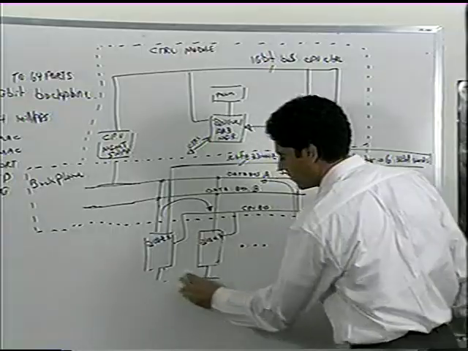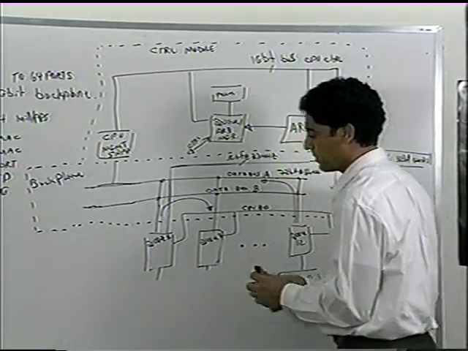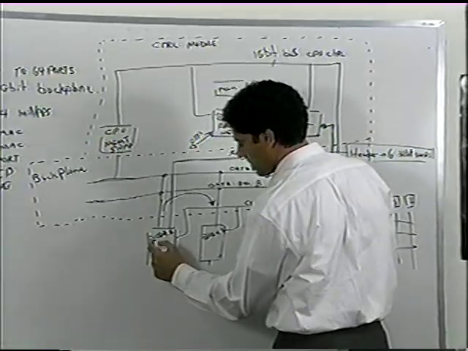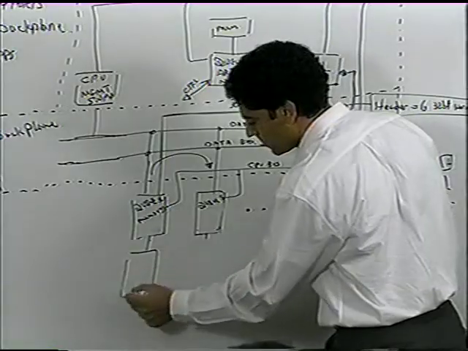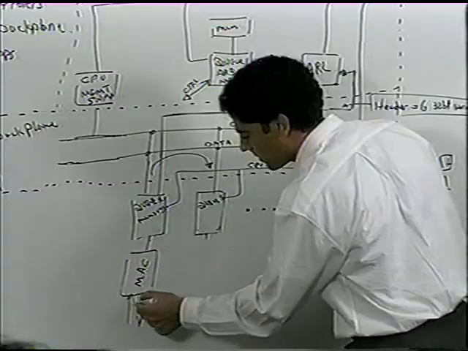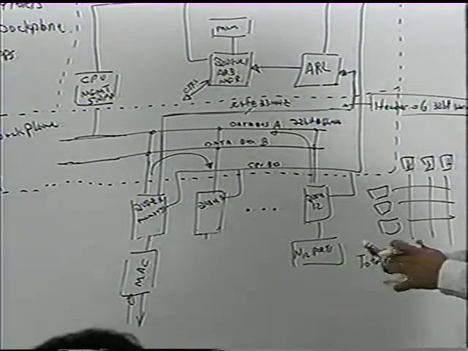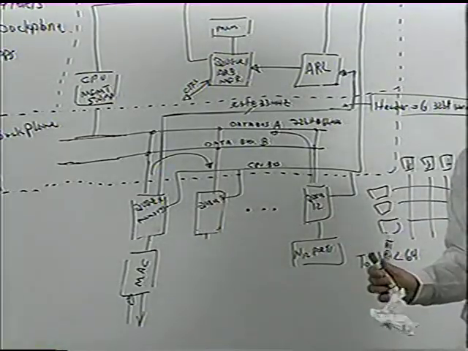The gigabit module is basically a separate piece of memory. This is one piece of memory. There is the MAC, and there is your port. So in the case of a gigabit module, you have 4 of these duplicated on one blade.